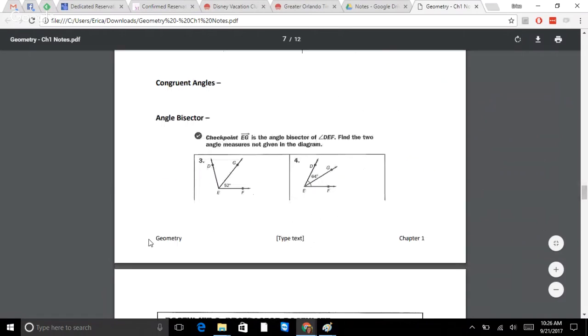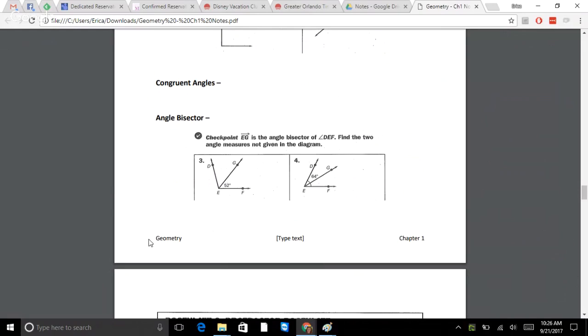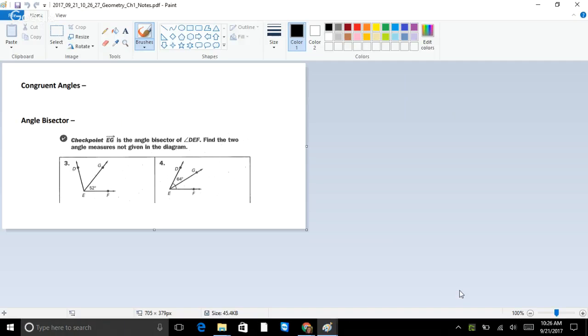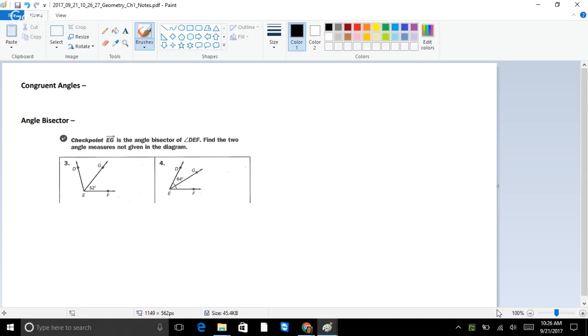There's a couple more terms that I wanted to teach you. And then the actual work for it is pretty easy, but we want to make sure that we know. All right, so let's talk about the definition of a congruent angle. So if you remember last section, we talked about congruent lines, and congruent lines just basically mean that they're equal to each other, right?